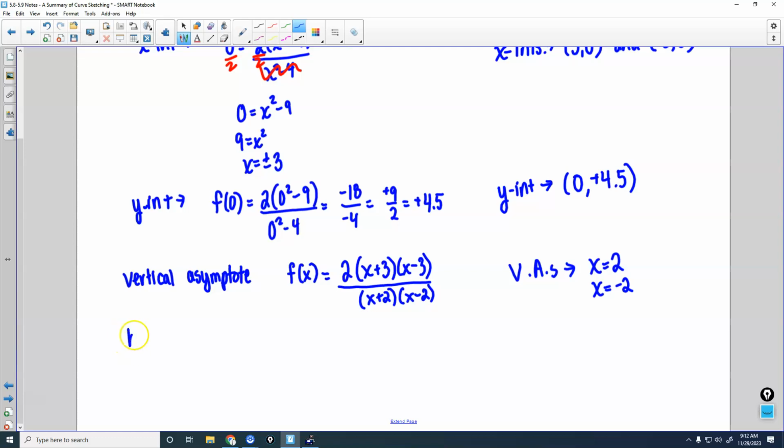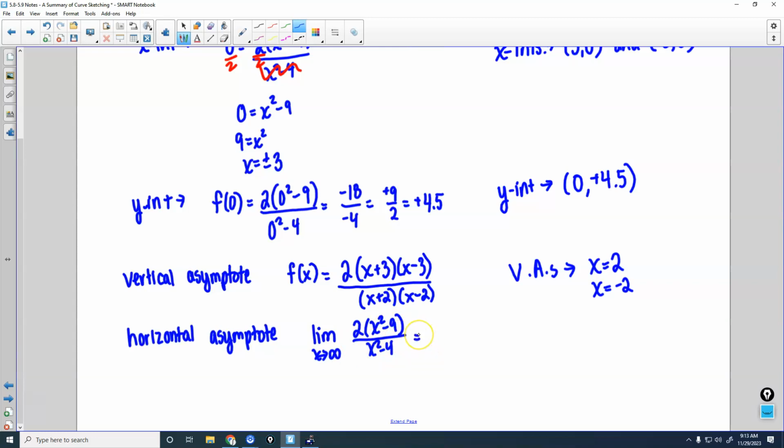For our horizontal asymptote, we're going to do BOBO BOTN. If it has asked you to do this on a free response question, you are going to do the limit as x approaches infinity of 2 times x squared minus 9 over x squared minus 4.